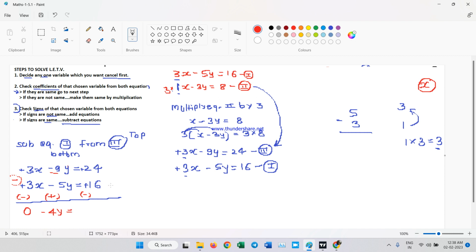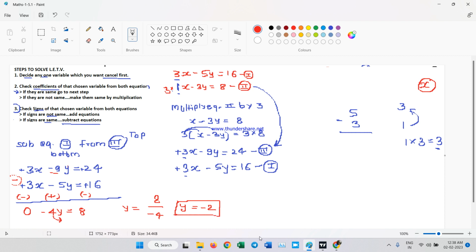And here plus 24 minus 16, the answer will be plus 8. And then I will send this minus 4 on that side. So what I will get is 8 upon minus 4, and the answer will be minus 2. That means y is equal to minus 2.